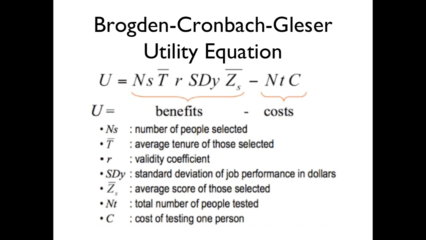Another type of utility analysis is the Brogden-Cronbach-Gleser utility equation, where basically it is benefits minus costs, so cost is subtracted from benefits. In service industries, it's much more difficult to give estimates of hard data. So we can estimate utility in terms of how much money a good selection process, including psychometrics, would save us. This relies on estimations of job performance from managers.